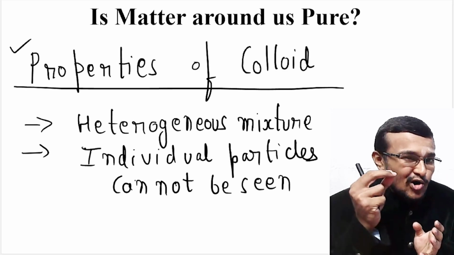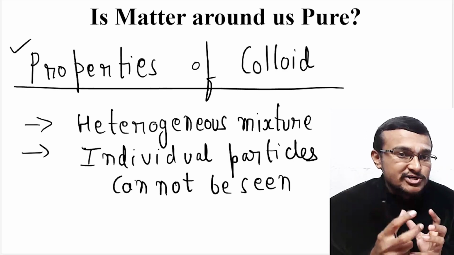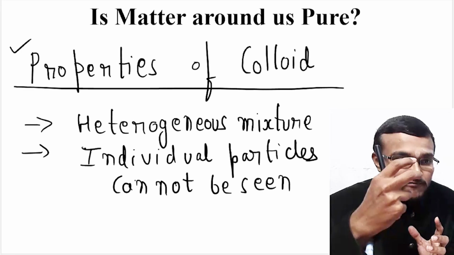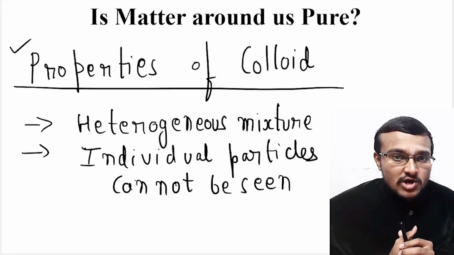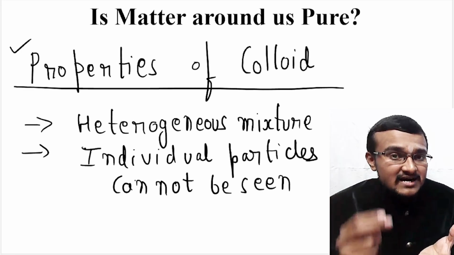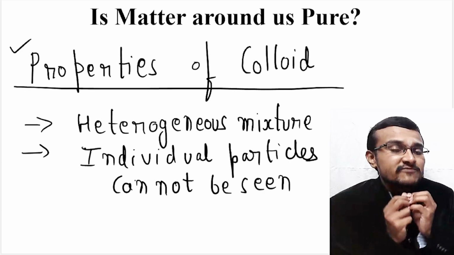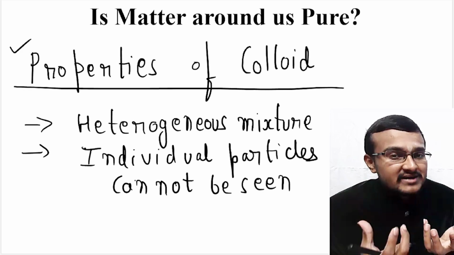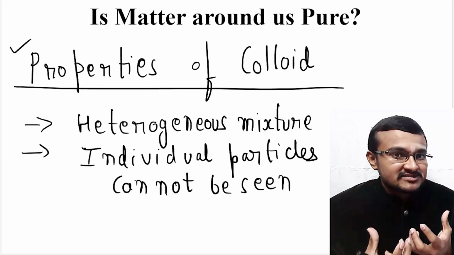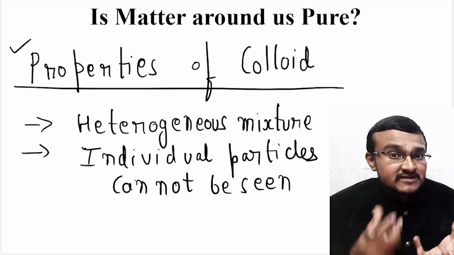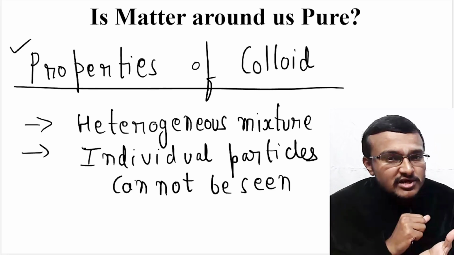So there will be lots of particles which are actually contributing to the visibility of the solute inside a solvent. When you mix a solute which is uniformly dispersed but not homogeneously mixed, there will be a heterogeneous mixture and a uniform distribution of particles.